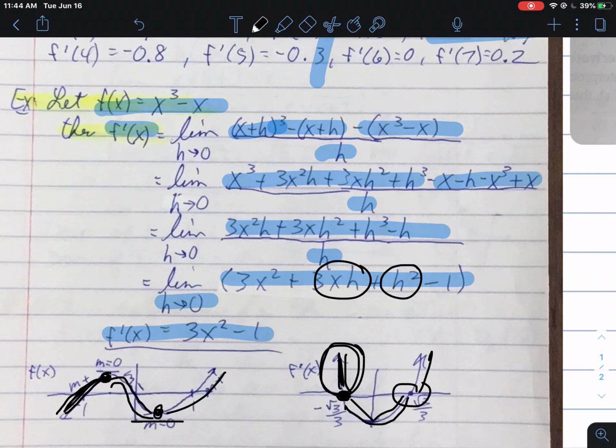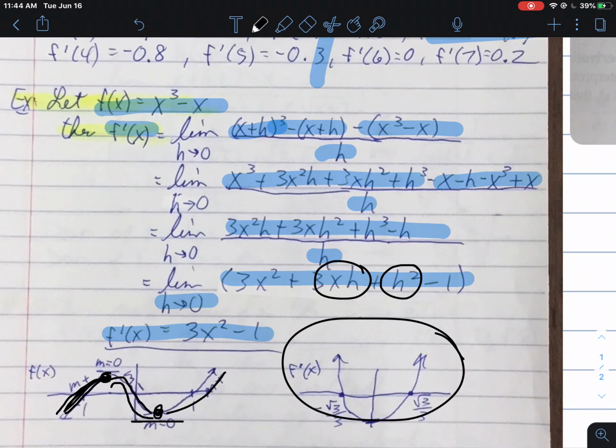They're positive. So yeah, like I said with the previous example, it's being able to look at the graph of this. Here's our derivative. And using this graph to give me an idea of what the graph of that function is. What's the behavior of the function?